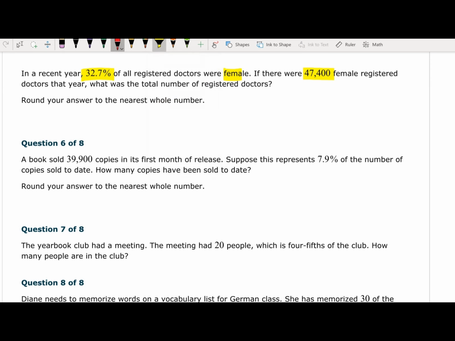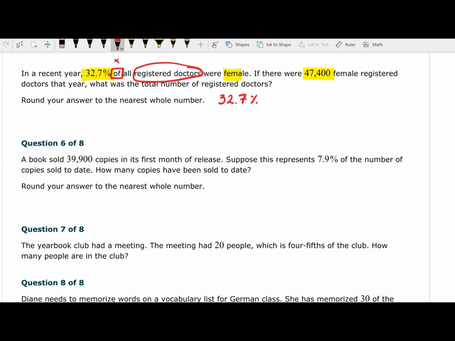So the keyword here is "of." That's telling you something about multiplying. Right? That is multiplication. 32.7% of all registered doctors.